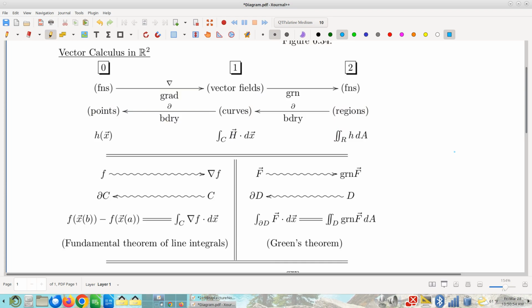Okay. Here's another cool thing about the diagram. This is an eyebrow raiser, I think. Let's talk about the fundamental theorem of line integrals.